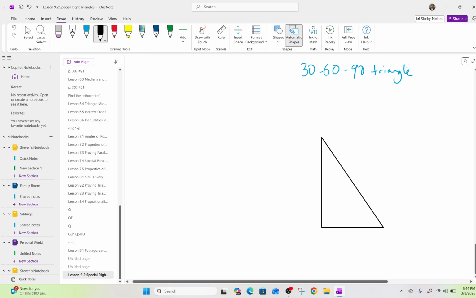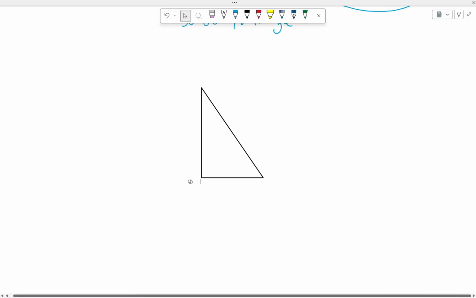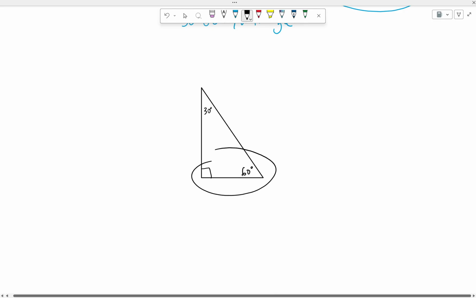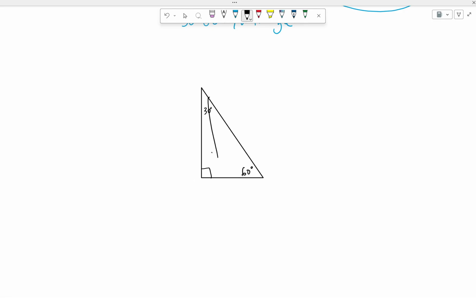All right. Here's my triangle. It's a 30, 60, 90. How do I know which is which? Well, the small angle has to be 30, right? The big angle has to be 60. And of course, this is going to be my short leg that's opposite the shortest side, right? So this is the short leg, or SL.